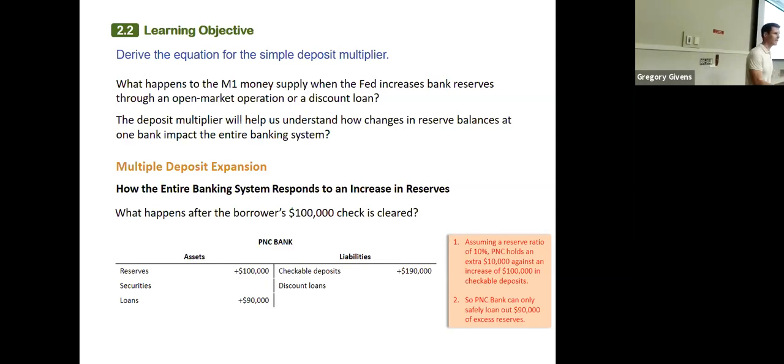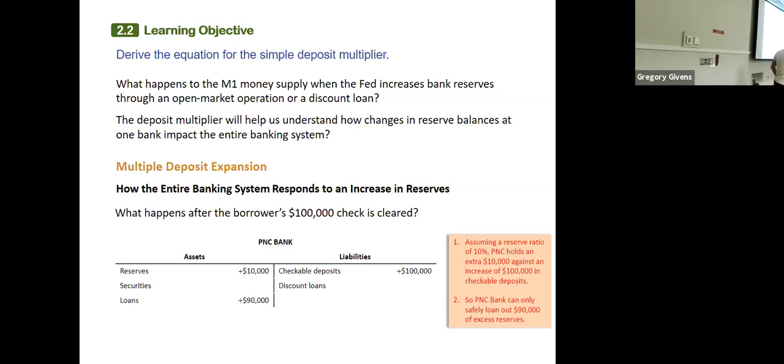James, let's say that Levi here has taken out this loan from PNC Bank for $90,000, and he wants to purchase investment products from you. And he pays for those products by writing you a check for $90,000. That check clears the banking system. And so what then happens to PNC's balance sheet?